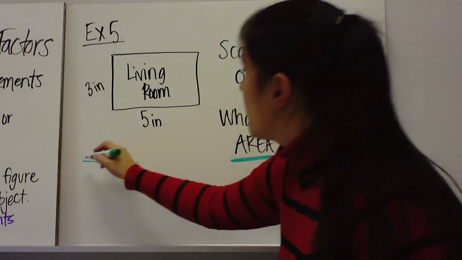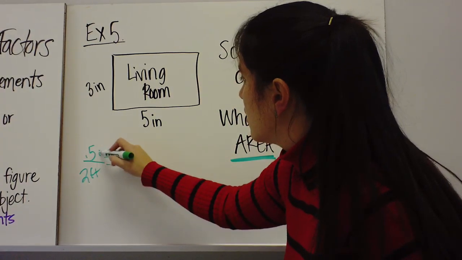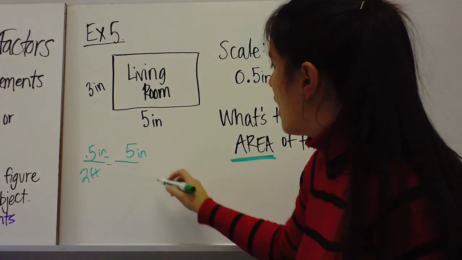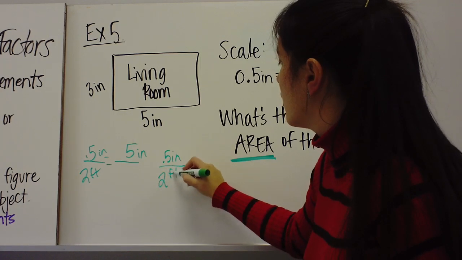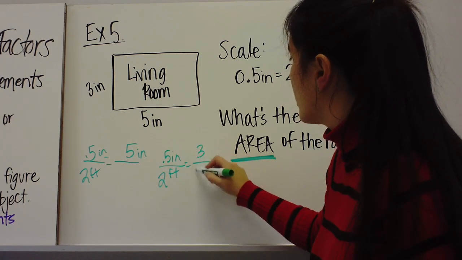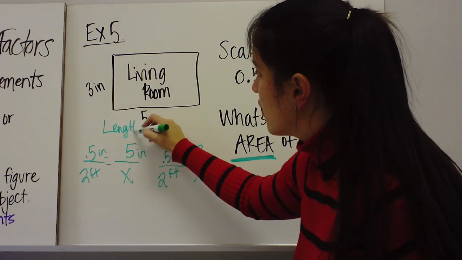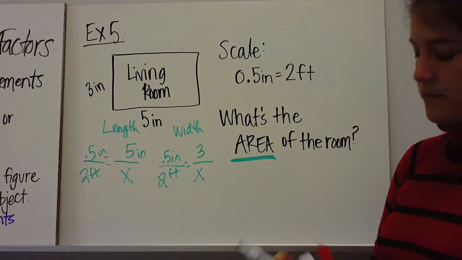So we're going to set up 0.5 over 2 feet. And we can use 5. And then we're going to have to do 0.5 over 3. So this would be length. And this would be width. Just what we did before.